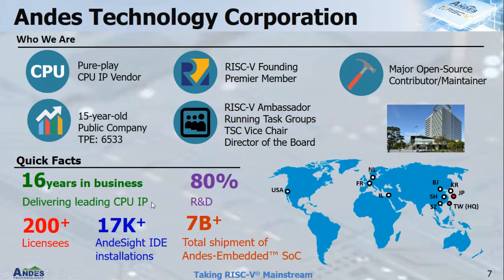RISC-V. Andes is also a public company, so this year we are 16 years in business, and we have over 200 commercial licenses. We also have some academic licenses. These are not included here. The shipment of our commercial cores through our customers is now over 7 billion cores.